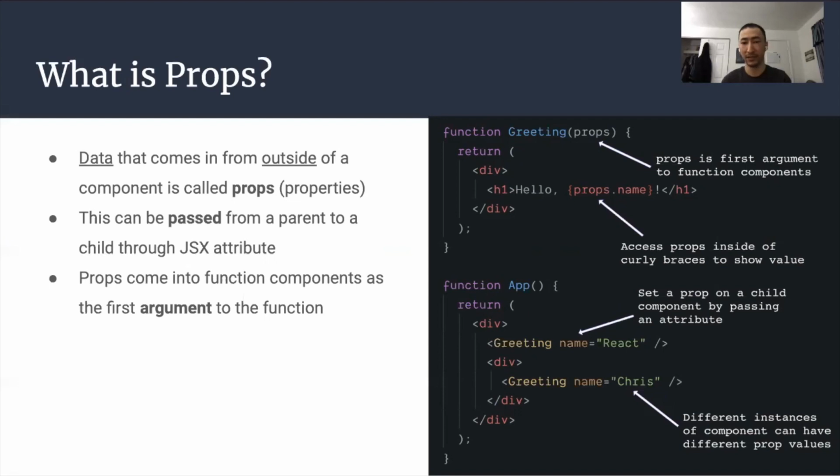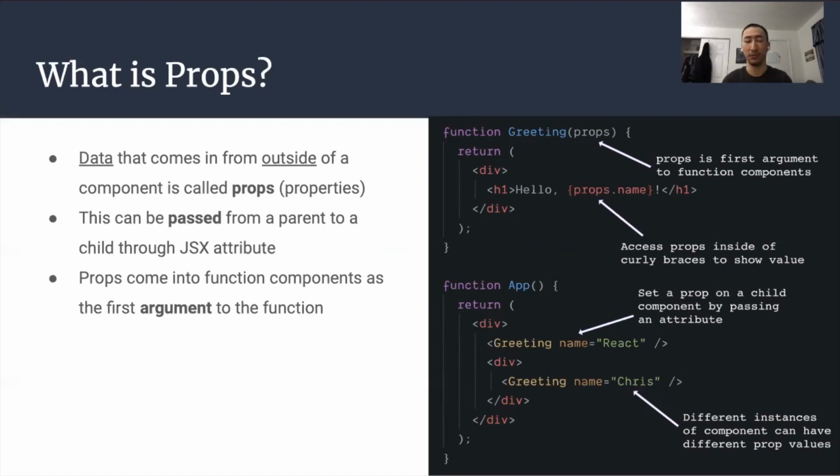If we take a look at this example inside the app component, we're using the greeting component, and we're also passing in an attribute called name, and we're giving it a value of React for the first one. Then inside the greeting component, we have access to that name prop by doing props.name.